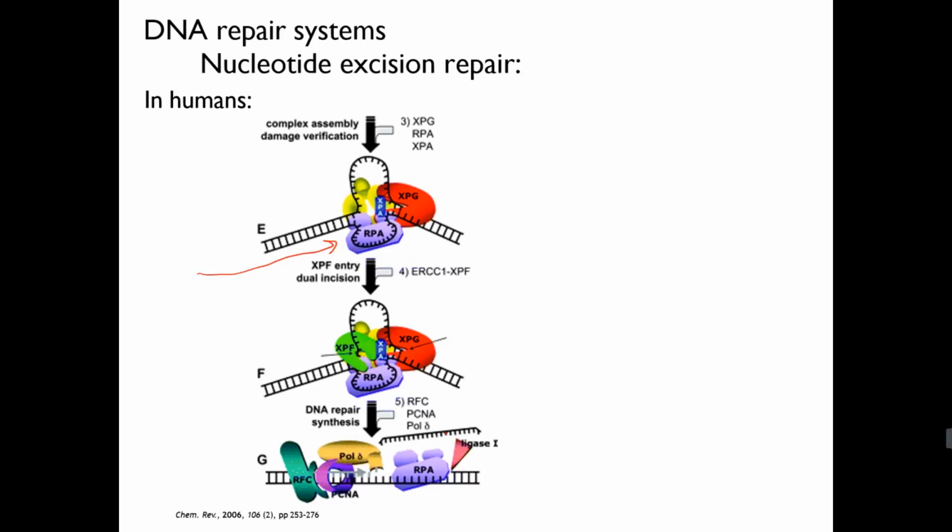And then this is followed by the engagement of a complex called XPG plus XPA, which is a nuclease. Let's just reiterate this. The single-stranded undamaged strand is bound by RPA. And this leads to the engagement of XPG plus XPA.